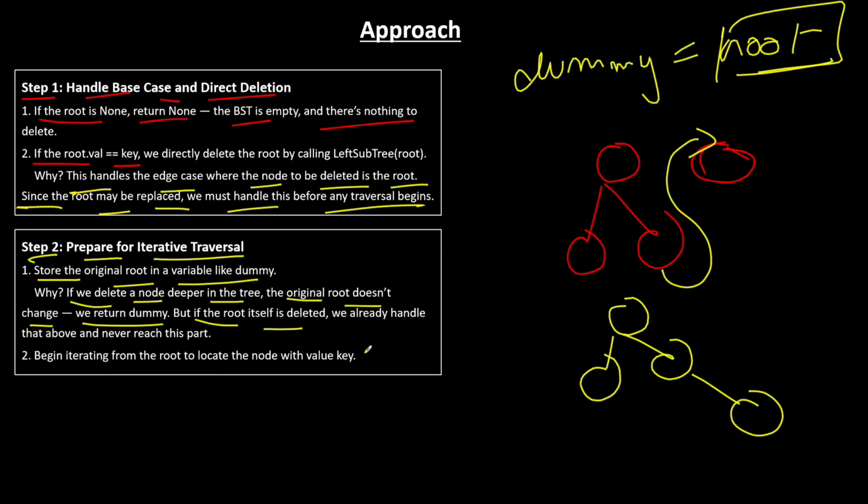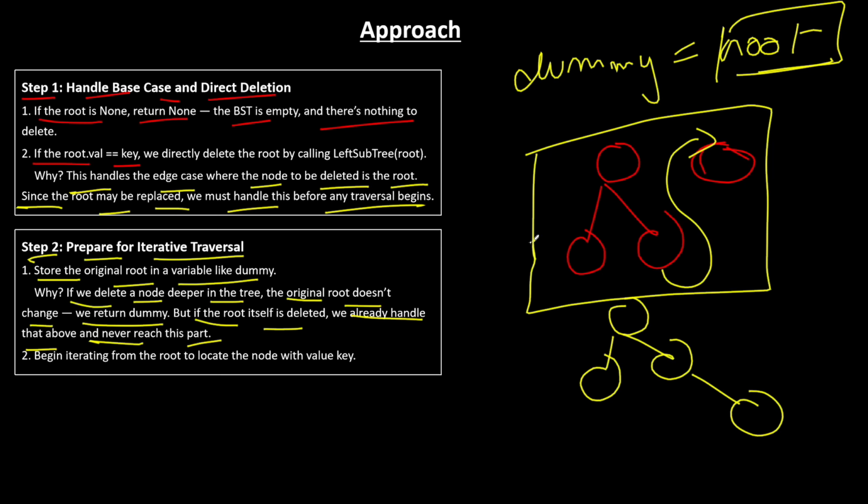But if the root itself is deleted, we already handled that above and never reach this part. Otherwise, we take the dummy, keep the root node intact, and do the deletion. Begin iterating from the root to locate the node with value key. This is how we do the traversal of the BST here.